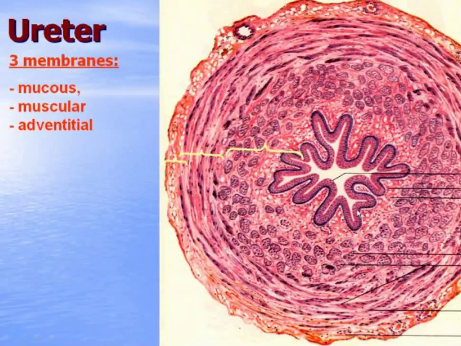Then the muscularis consists of an inner longitudinal and outer circular layer. Then the adventitial membrane consists of dense connective tissue.